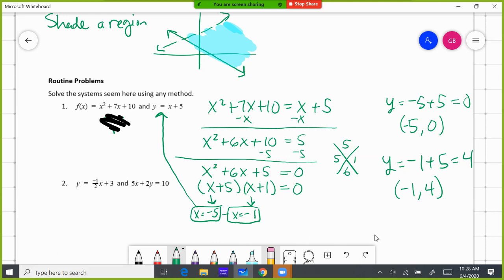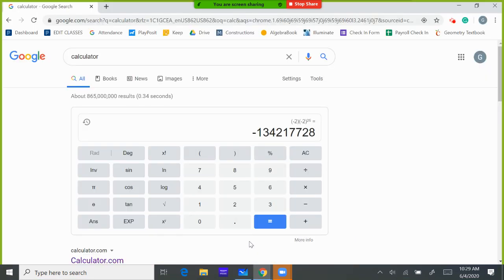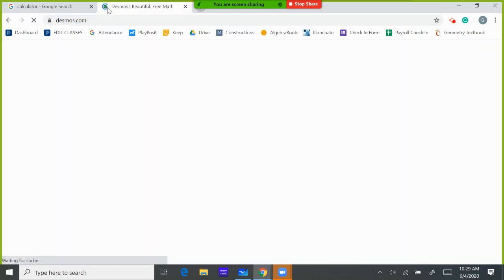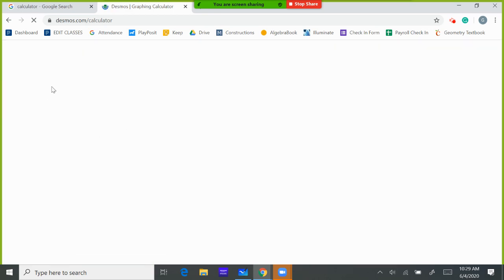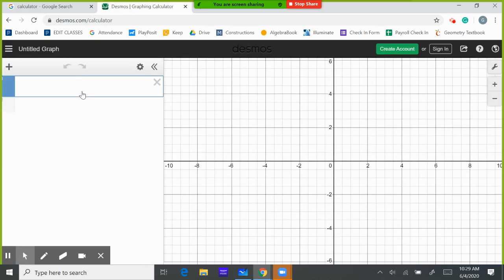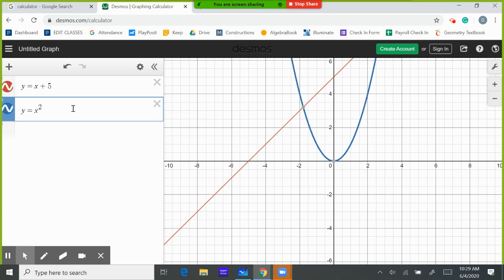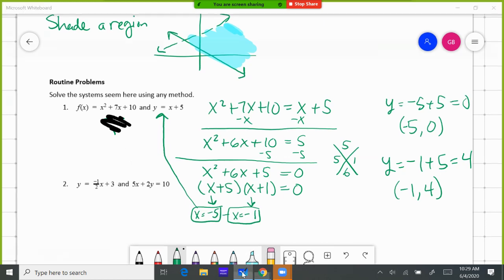I'm going to verify this by actually graphing it. So if we go to decimals, type in both equations. x squared plus 7x plus 10.